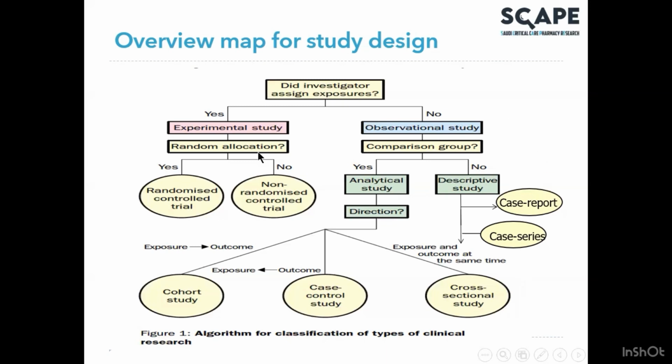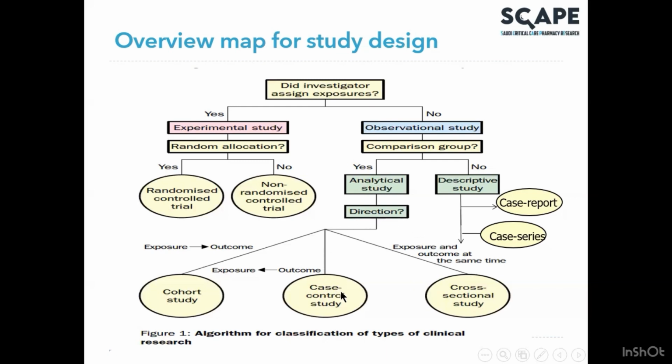If there is a comparison, then we have an analytical study, and we have three types of analytical observational studies. The first of them is the cross-sectional study, when we study the exposure and outcome at the same time. It can happen in one group or in two or more groups, but the same concept applies for all, which is to study the exposure and outcome at the same time.